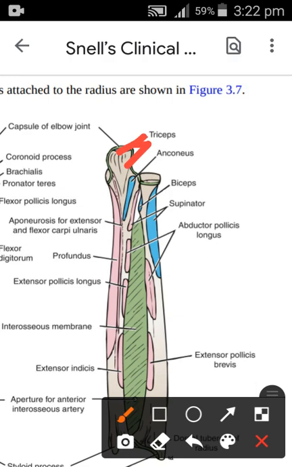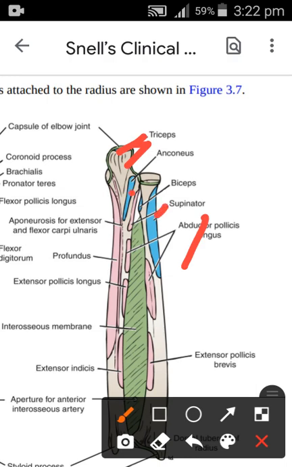Then this is the biceps attached on the radius, and there is the supinator muscle, and this is the insertion of the supinator muscle.